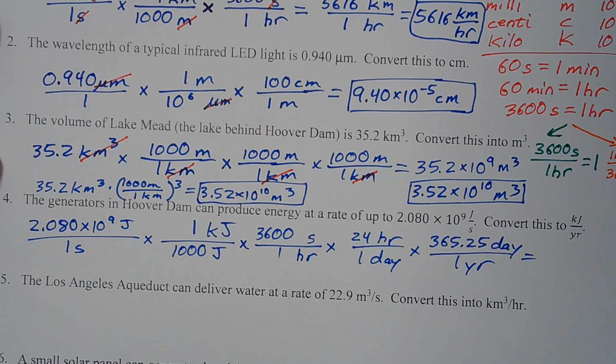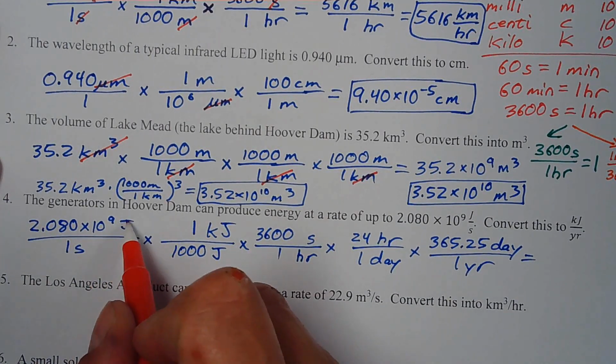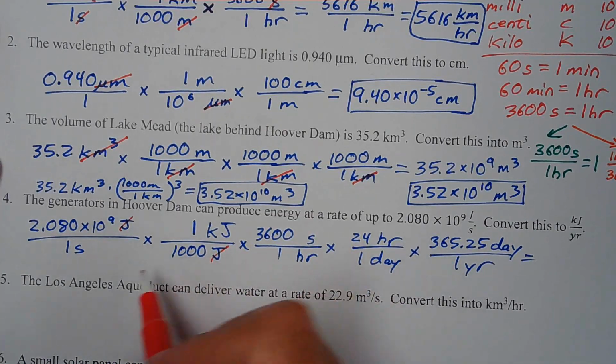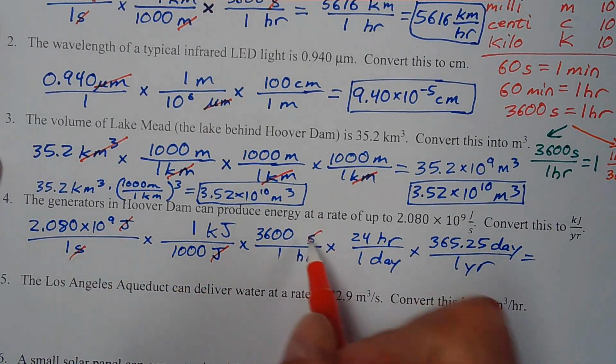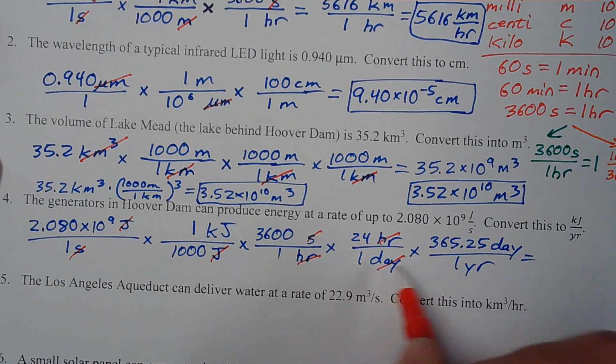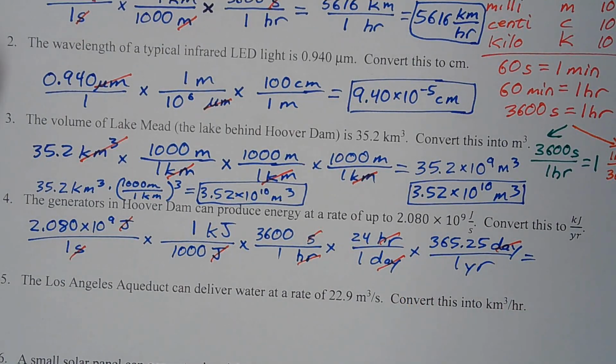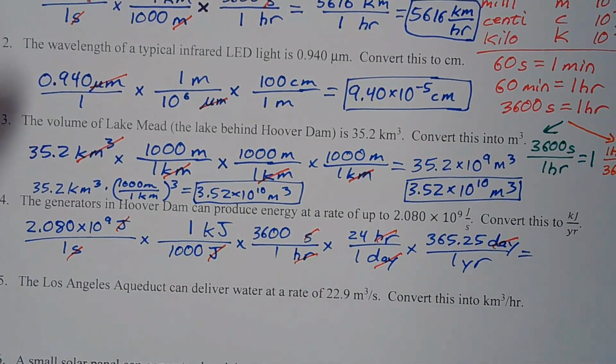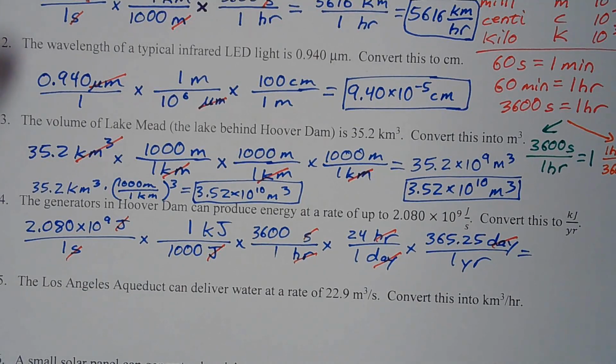Okay, so double check before you throw things into your calculator to make sure your units cancel out. Joules here, joules there. Seconds here, seconds there, hours there, hours there, days there, days there. Now, if you have seen the movie or the musical Rent, you will know from the song how many seconds are in 1 day. I'm not a big musicals guy.